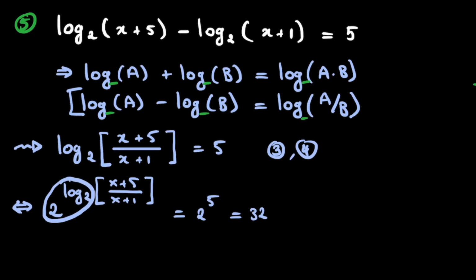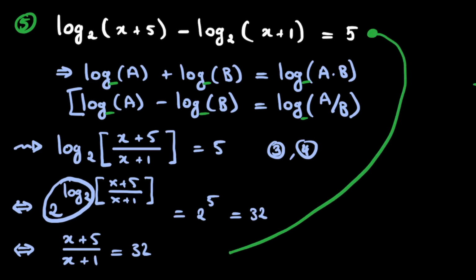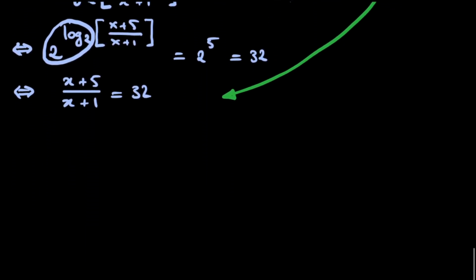And this combination will always make it so that we only are left with the thing that is inside of this logarithm. So this equation becomes the following. We have x plus 5 divided by x plus 1, which is equal to 32. And in this way, we have reduced our initial logarithmic equation all the way to an algebraic equation, which we can now very easily solve.